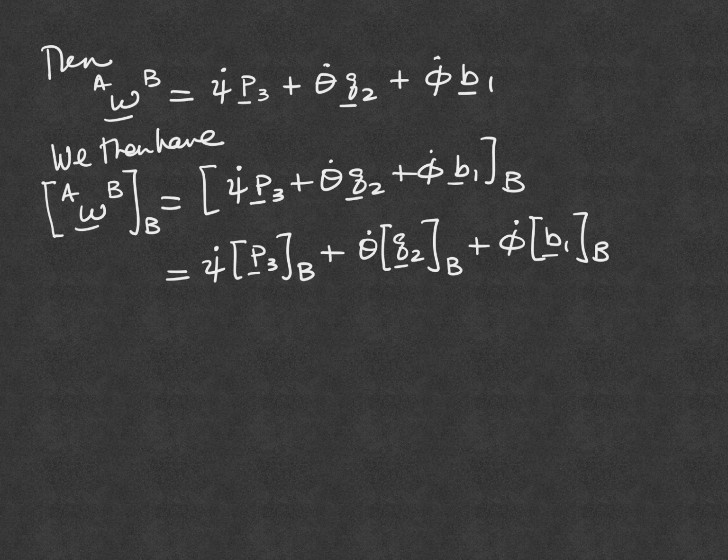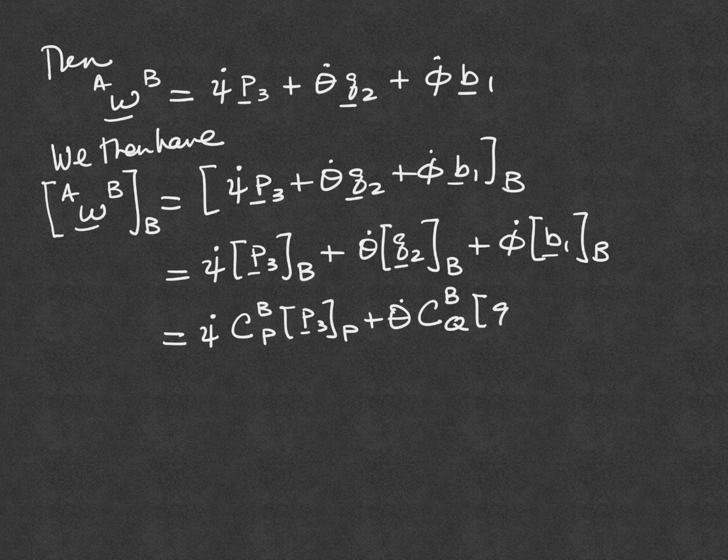Well, B1 expressed in body fixed coordinates is just 1, 0, 0. So that one is not too complicated, but we need to deal with the other ones. So we get psi dot, now, because I have P3 expressed in B, I need the transformation from P to B times P3 expressed in P, plus theta dot times the transformation from Q to B times Q2 expressed in Q, and then plus phi dot, and as I said, this last one is just equal to 1, 0, 0.